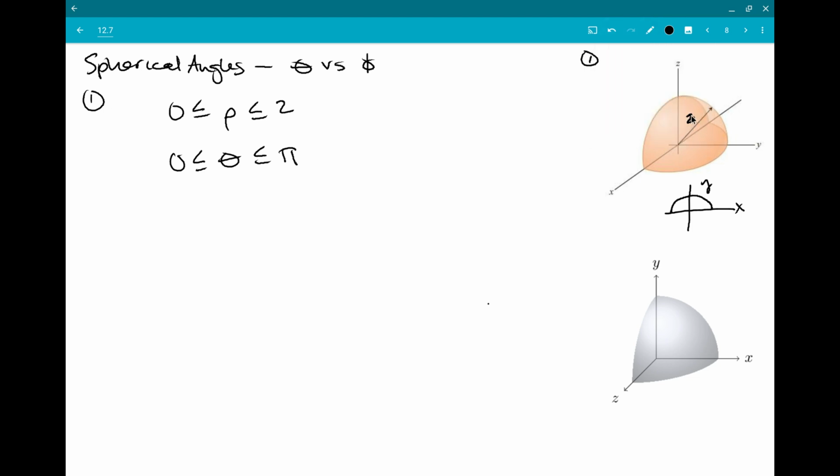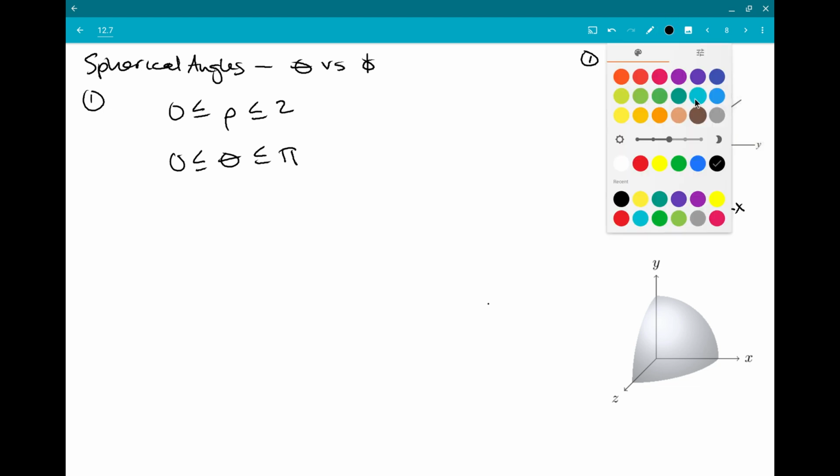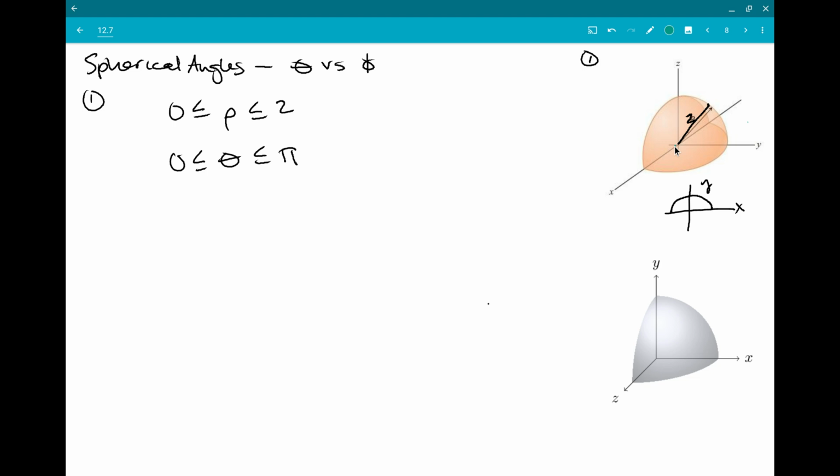Okay, so we changed our radius to 2. That one can be black. And then this shape right here, we said gave us theta, which is the same as this shape right here from 0 to pi.